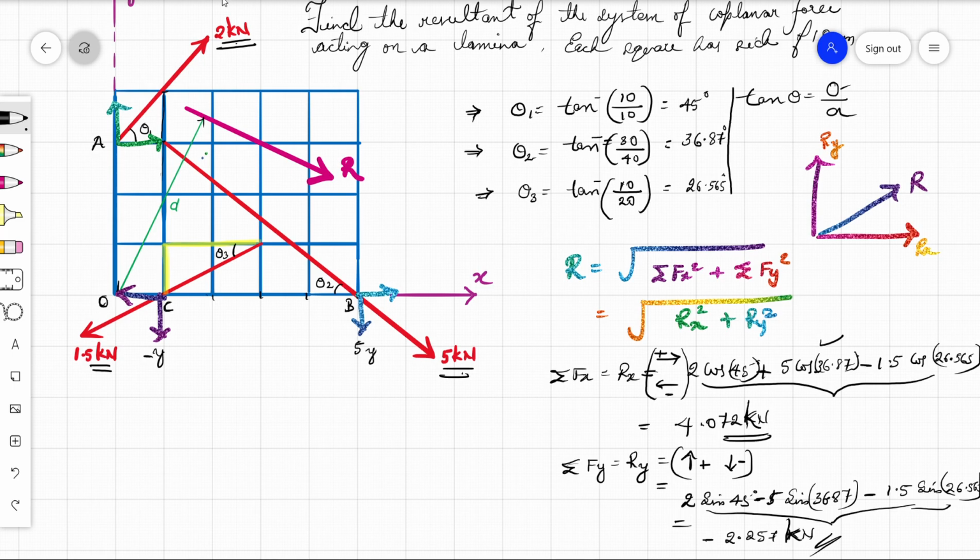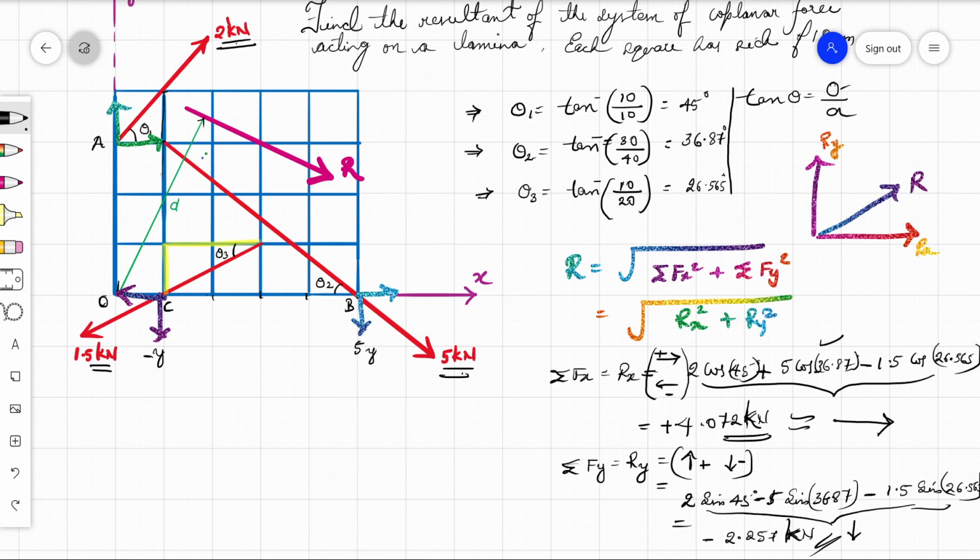So what is this plus and minus indicating over here? The plus and minus does not indicate a negative force. It just indicates the direction of the force. We assumed the force going from left to right as positive, and this force, 4.72 kilonewton, is going from left to right, so the answer came in plus. This force, Fy or Ry, is going downward, and we assumed downward as negative.